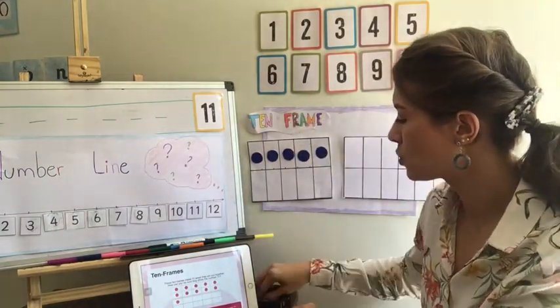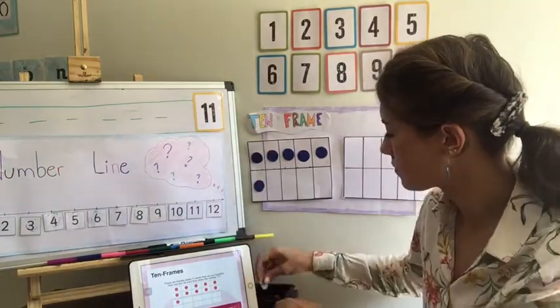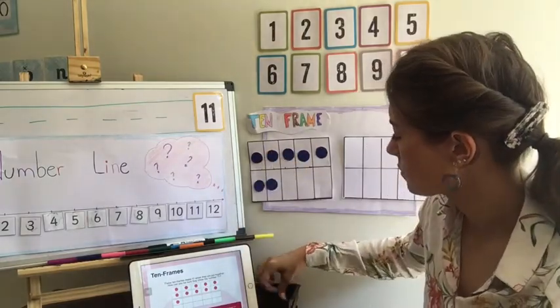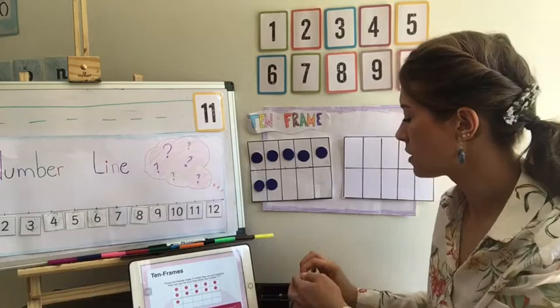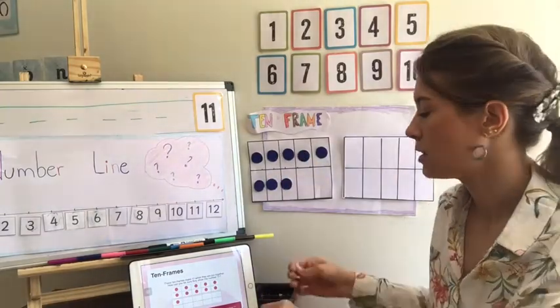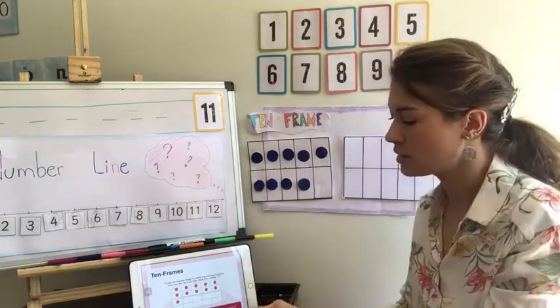And then I have to go over here, right? 6, 7, 8, 9 and 10.